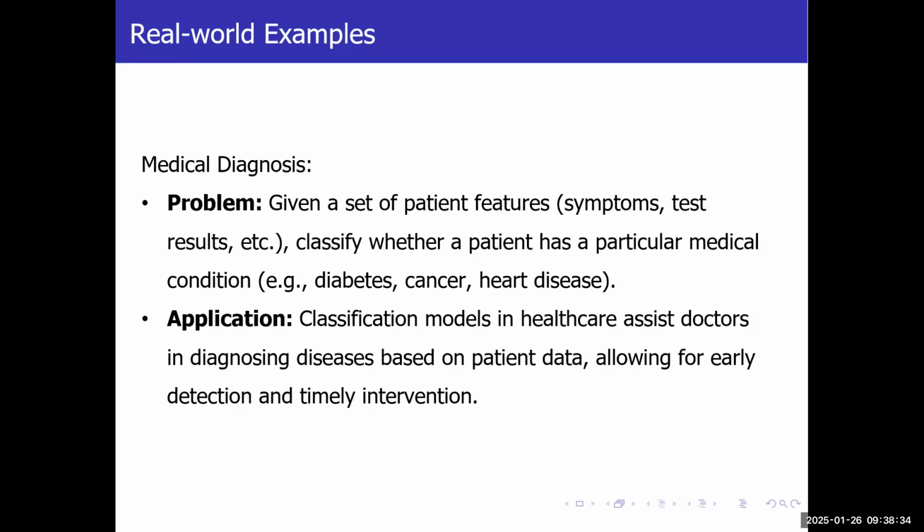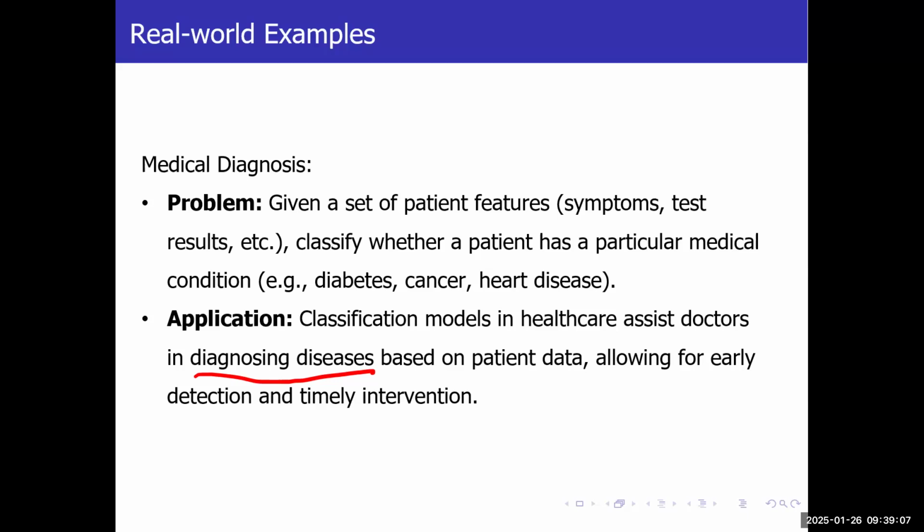And then we have expanded classification into medical applications. And this actually helped with diagnosing disease based on the patient data, allowing early detection and timely intervention. And for medical diagnosis, normally it will be done at the beginning stage.